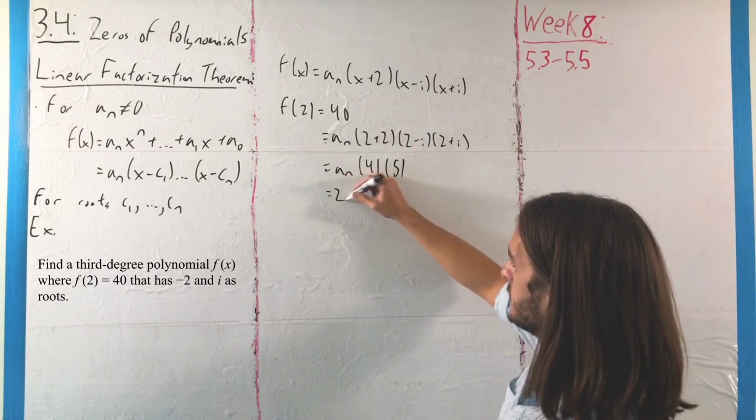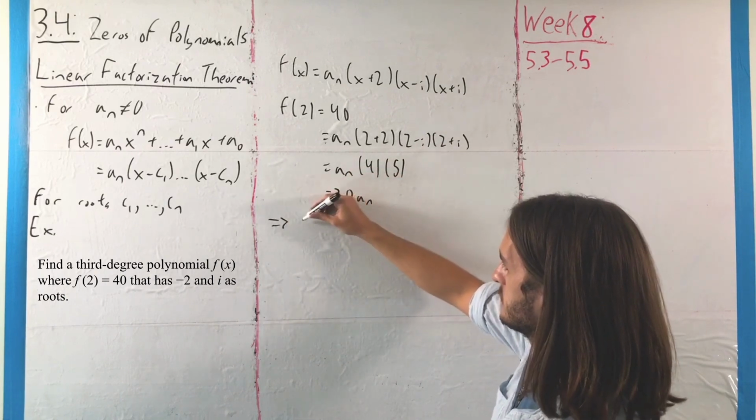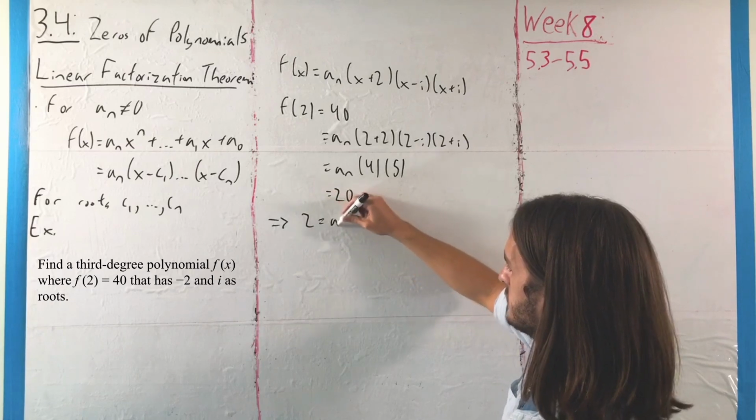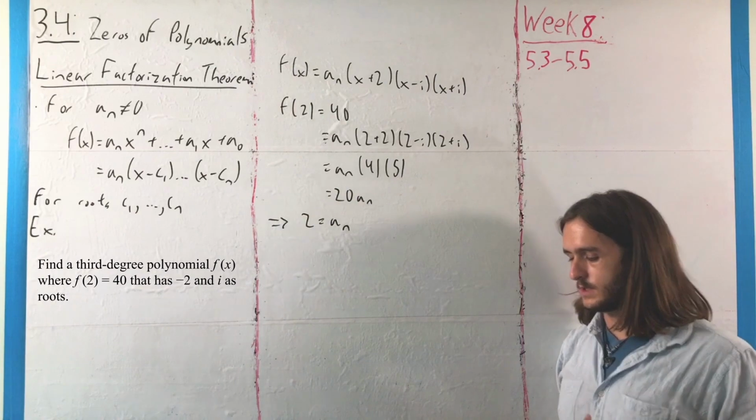So you would have 40 equals 20 an, or 2 equals an.